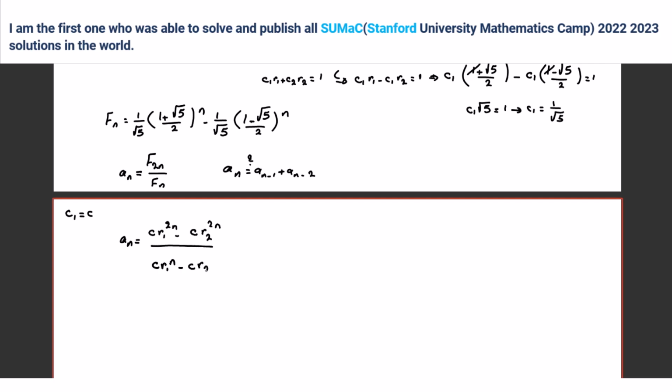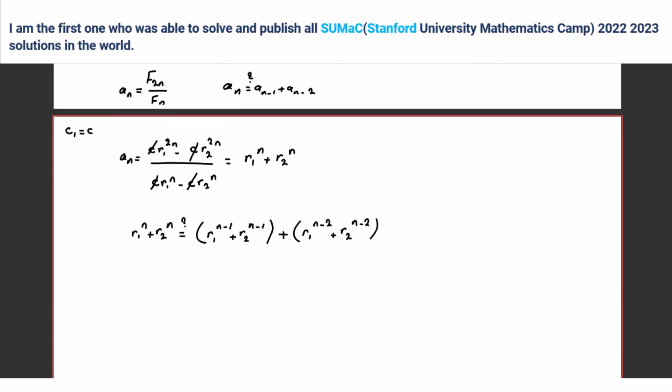We can cancel c from both numerator and denominator, so it will be r1 to the n plus r2 to the n, right? Okay, now we want to prove what? We want to prove that r1 to the n plus r2 to the n is equal to r1 to the n minus 1 plus r2 to the n minus 1 plus r1 to the n minus 2 plus r2 to the n minus 2, right?